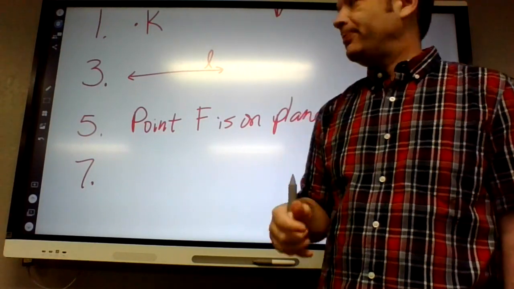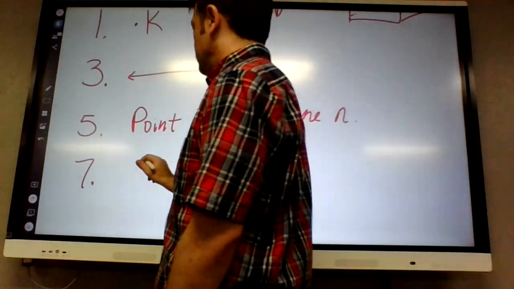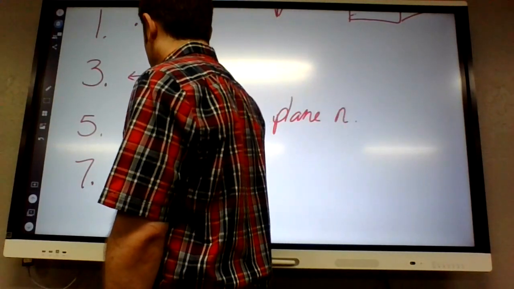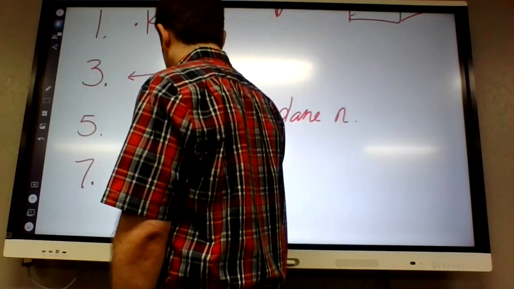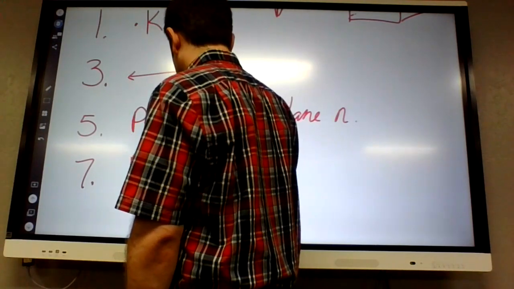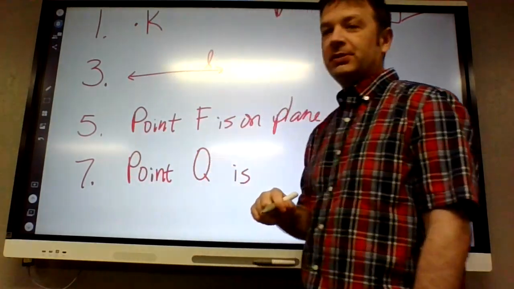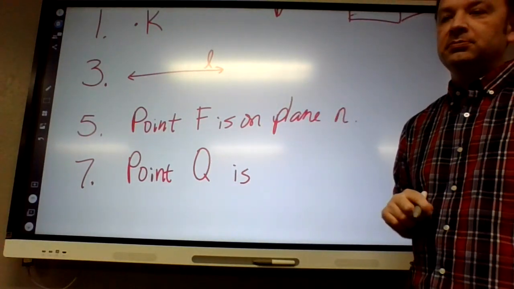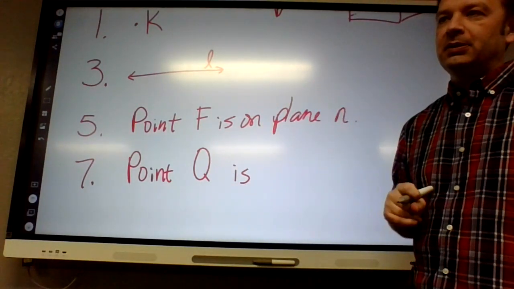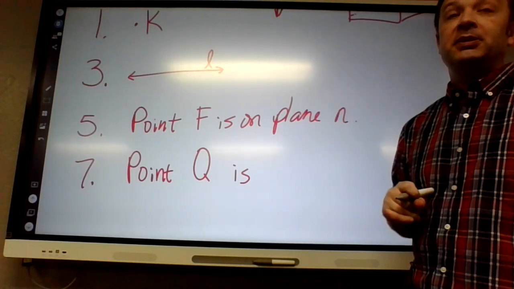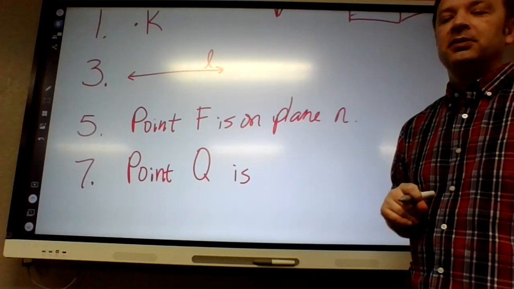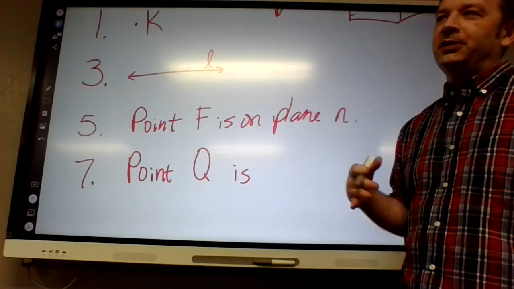So what can we say about point Q on number 7? What do we know about it? No, points can't be parallel. Is it on the line?